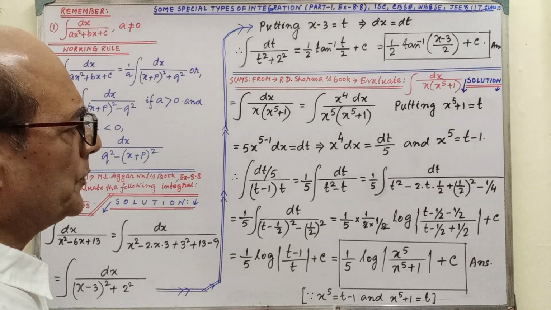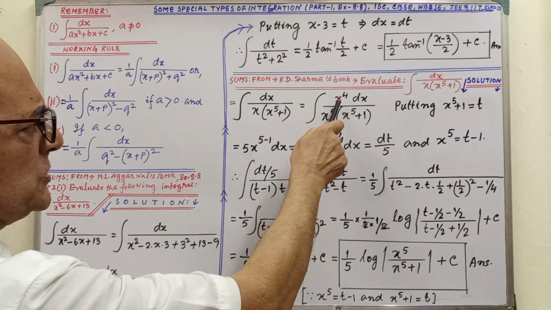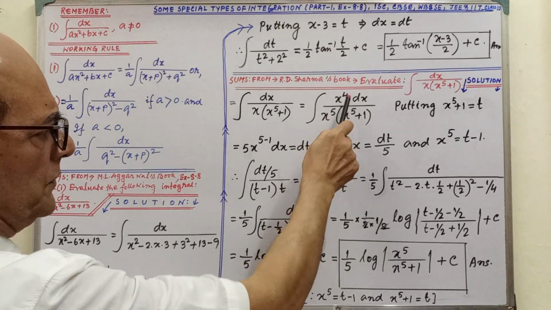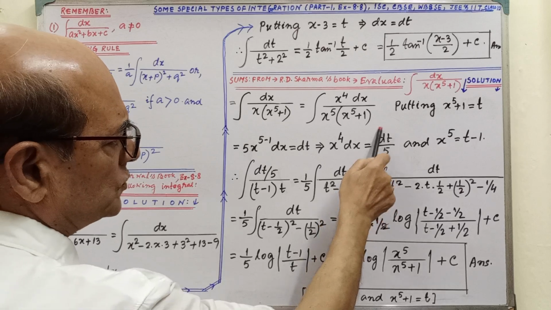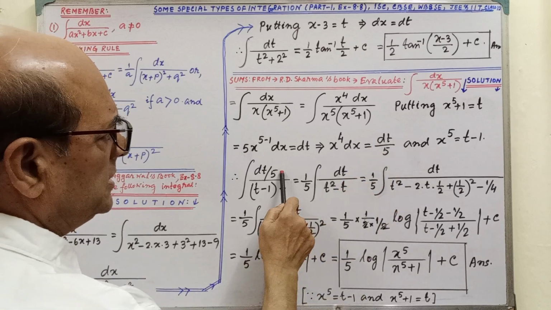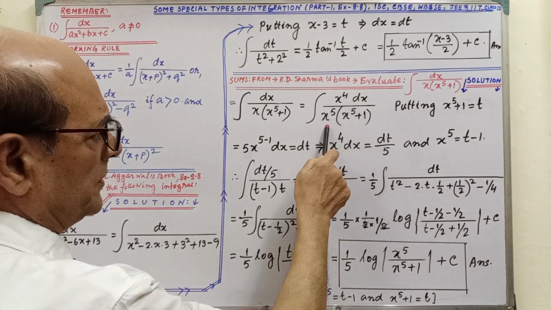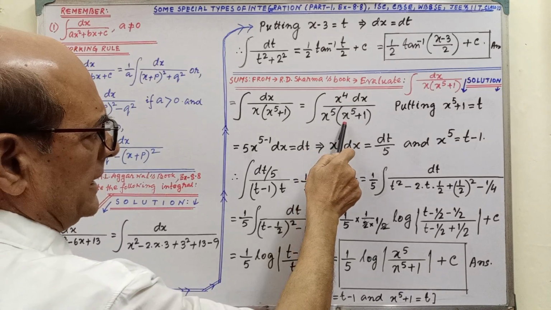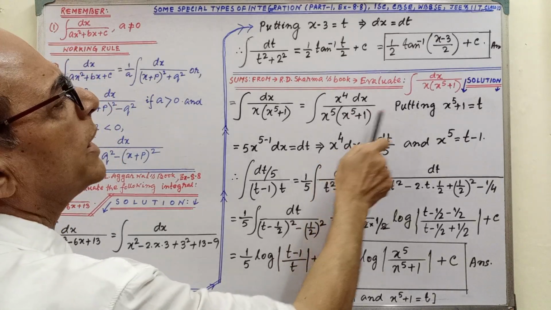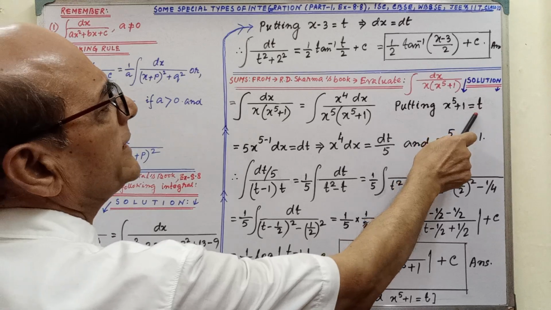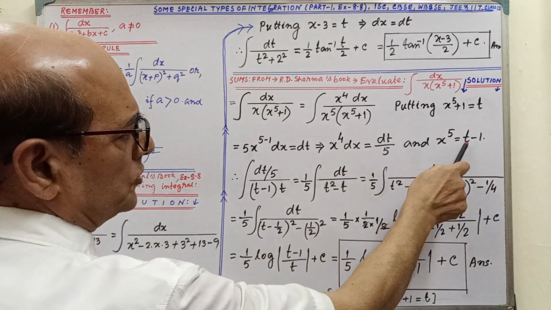Now we have to put the value in place of x to the power 4 dx, that is we may write dt by 5. In place of this x to the power 5 into x to the power 5 plus 1, that is t, and x to the power 5 equal to t minus 1.